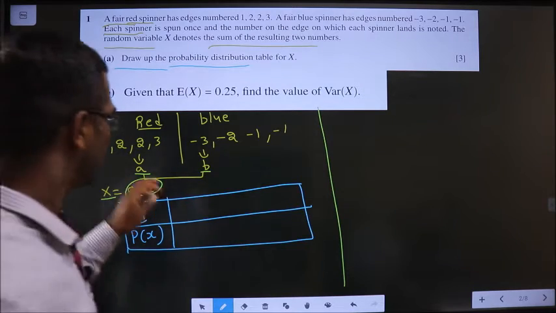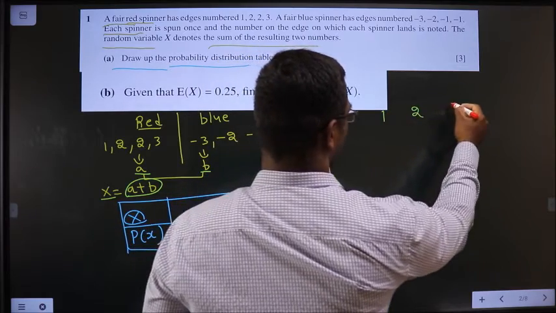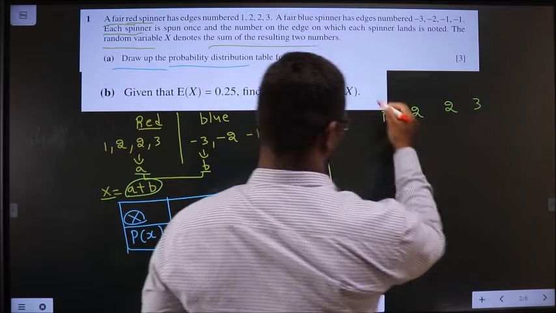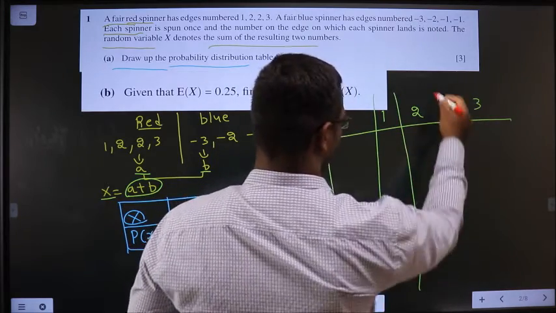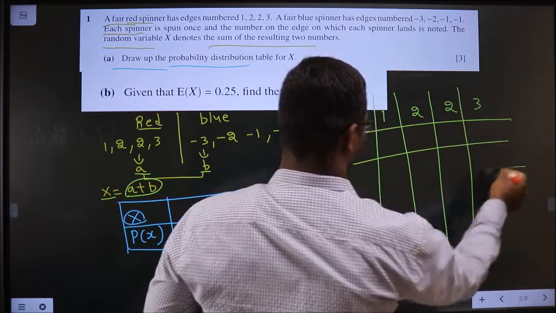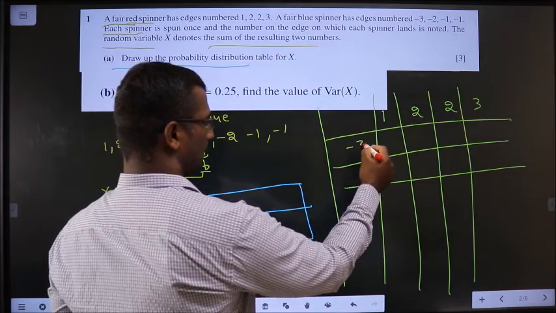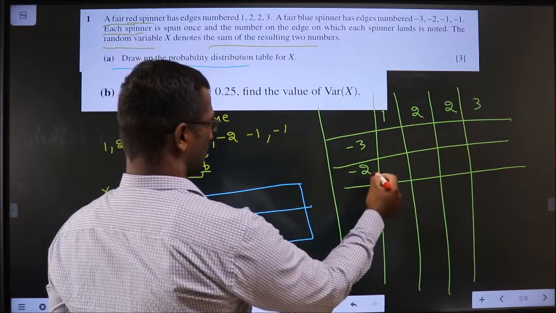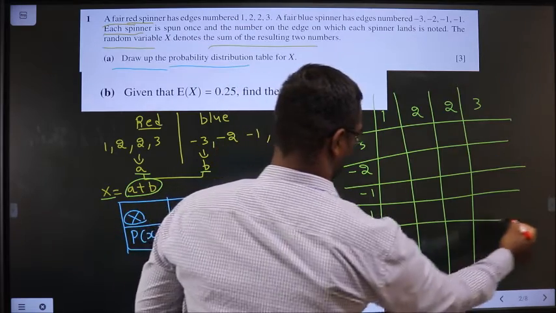See here. Red is 1, 2, 2, 3. And blue is -3, -2, -1 and -1.